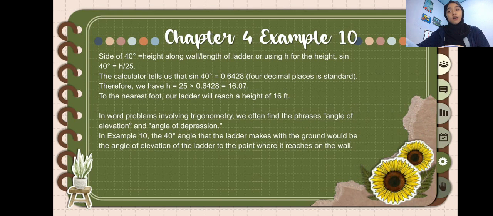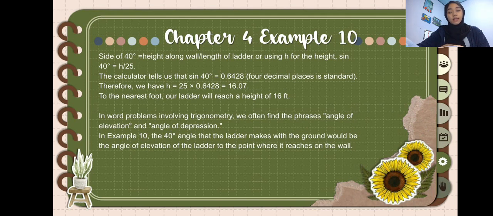The calculator tells us that sin 40 degrees is 0.6428. Therefore, x is 25 times 0.6428, equals 16.07.